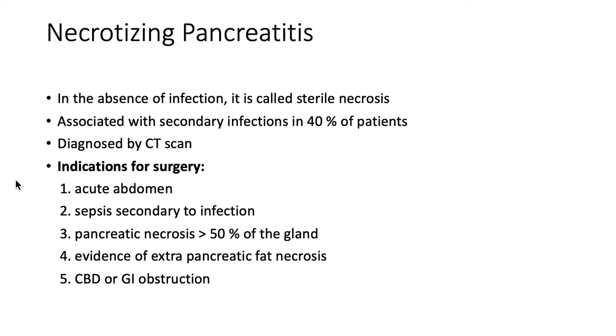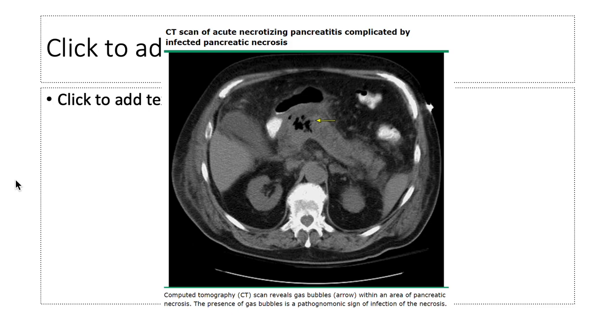Also if there is sepsis coming after the infection of the necrotized tissue, and if the necrosis is forming more than 50% of the pancreas itself. So these are the air fluid levels or the gas bubbles.